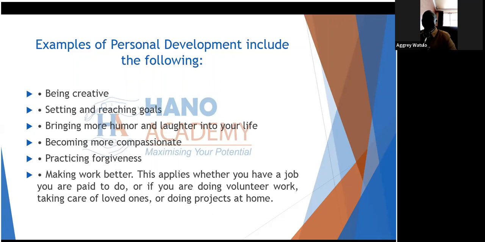So that is said, we ask ourselves, how can we make our work look better? The first thing is that you need to love the work that you are doing, whether paid or not paid, voluntary or not voluntary, whether you are taking care of a loved one and they're not paying you, you need to love the work.